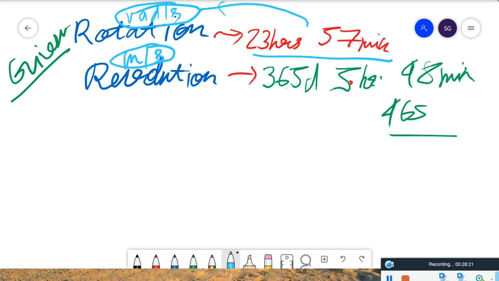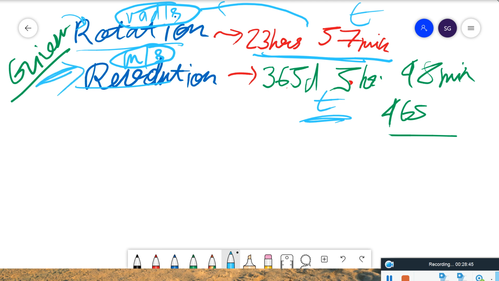Many of you might be thinking how this is true. Remember, this is just a time. It is just a time. So don't judge this by its linear or angular. Angular and linear come from this. Day and night happen due to rotation, that is the angular velocity, and revolution occurs due to linear velocity.